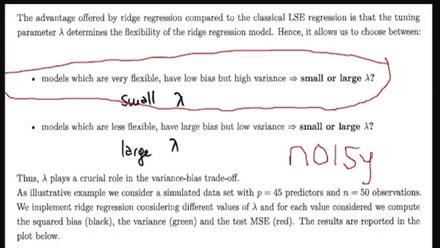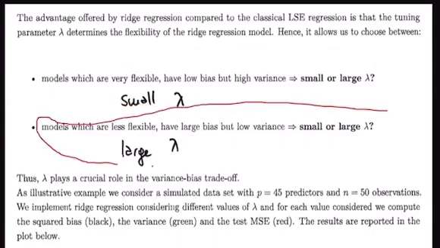But what about models with less flexibility? Models that are less flexible have large bias but low variance. Let me tell you this. In statistics, the problem of the statistician, the problem of everyone in the scientific community, is bias. They want to run away from large bias by trying to incorporate so many predictors into the model.